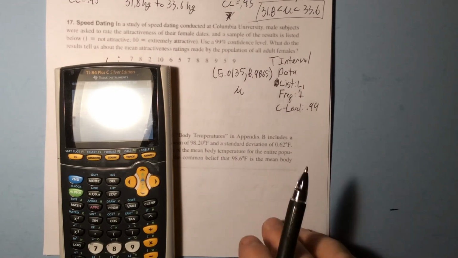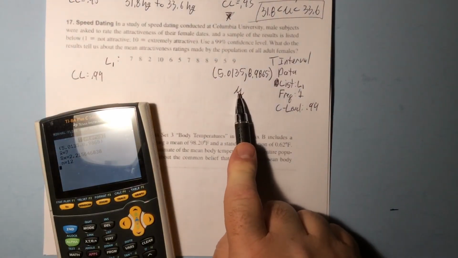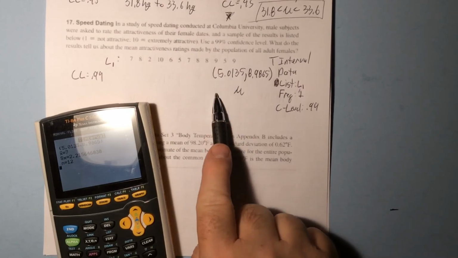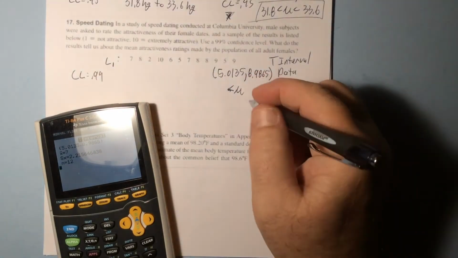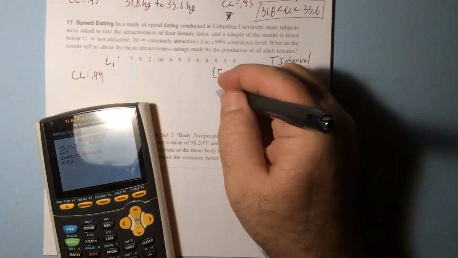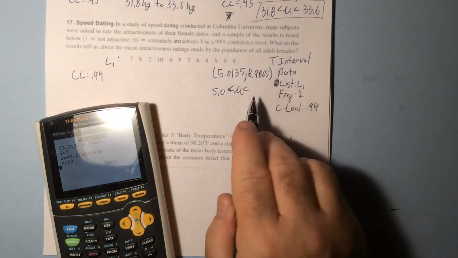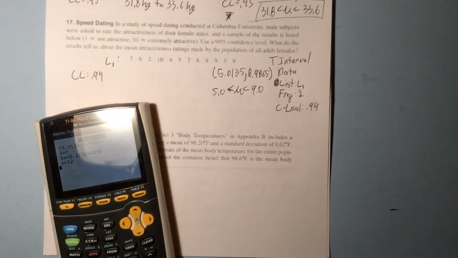In this particular problem, we're working with whole numbers. Since we want the mean, or what we think the population mean is going to be, we're going to round each of these numbers to one level of greater accuracy. If these are whole numbers, each of these needs to be rounded to one decimal place. So this is going to be 5.0, and 8.9865 is going to be 9.0.